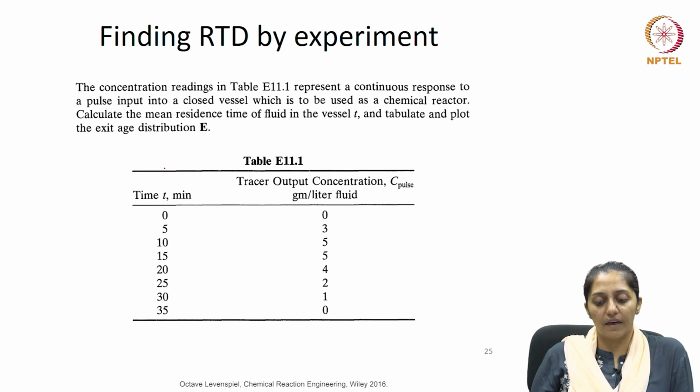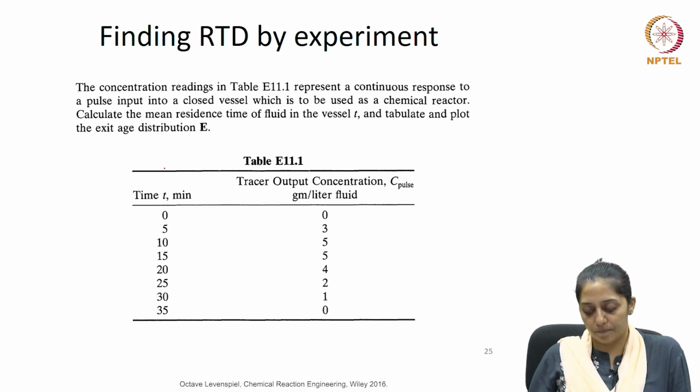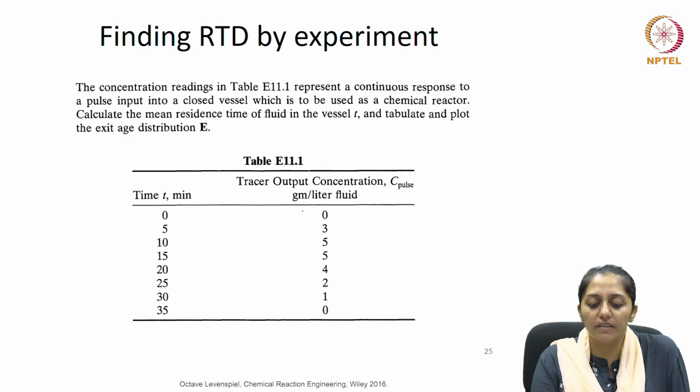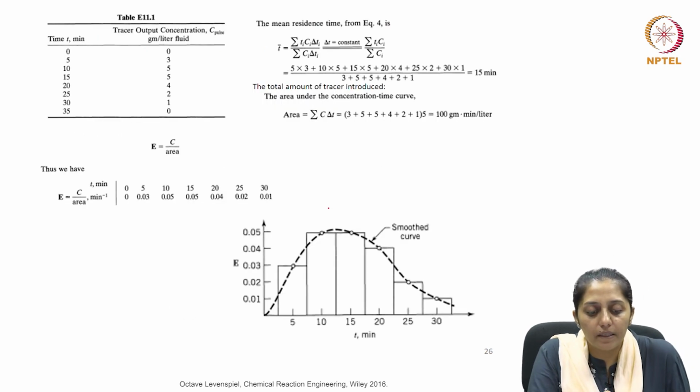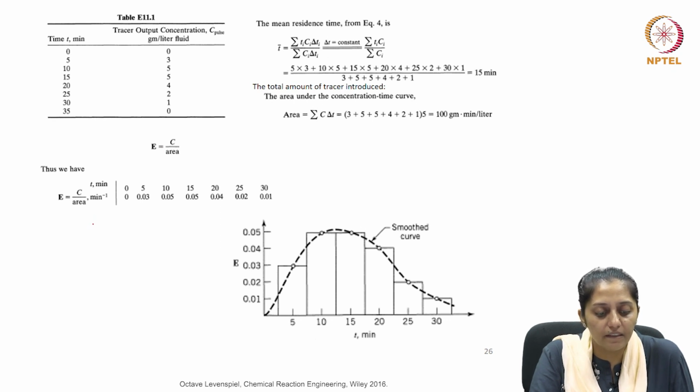What we have in hand is the C pulse, and the unit given here is grams per liter. So, effectively we can first find the area under the C pulse versus t curve, and then divide by it to get the E values.